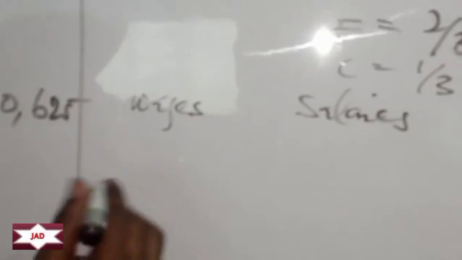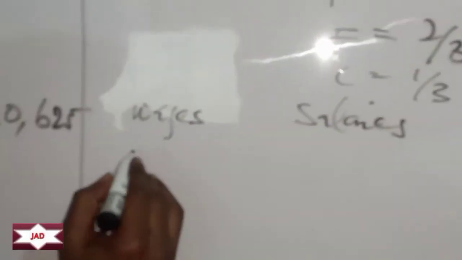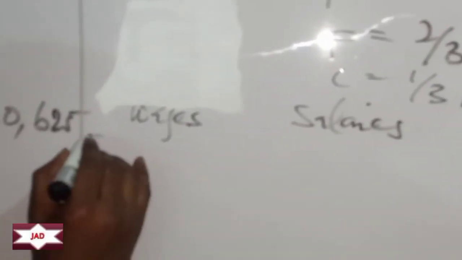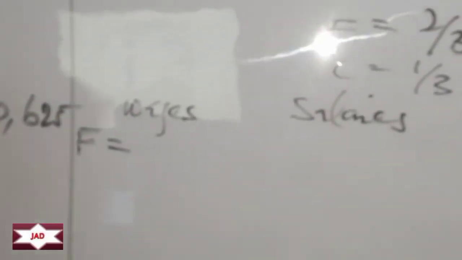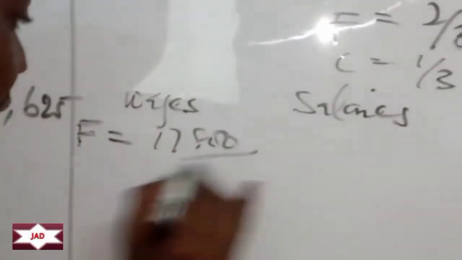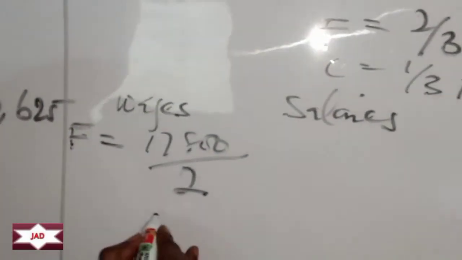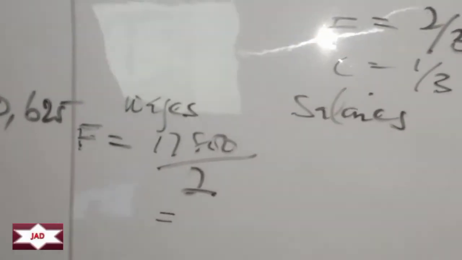So wages will be, for footwear, 17,800 divided by 2. So what would that give to us?